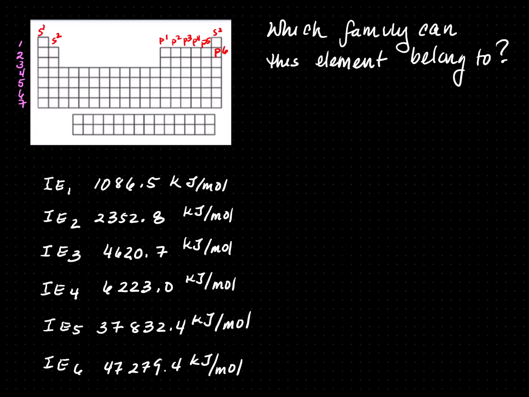So you are given 6 ionization energies. From these 6 ionization energies, you need to determine which family this element can belong to. From the previous chapter, we learned that when we fill, we follow the Aufbau principle.